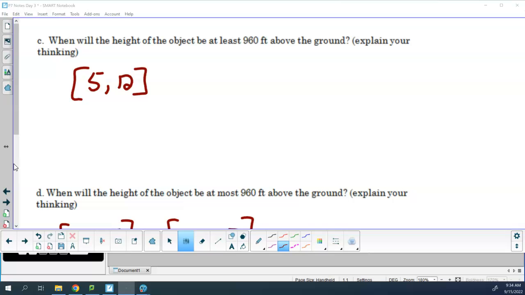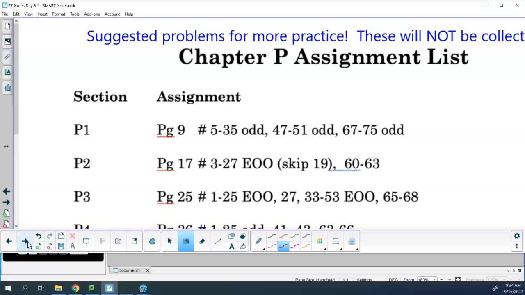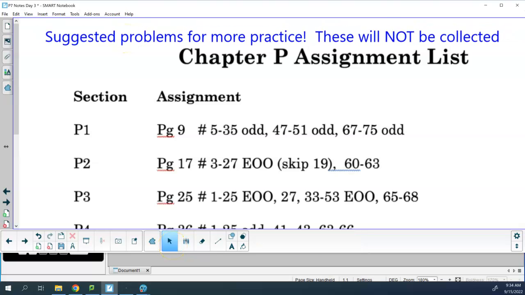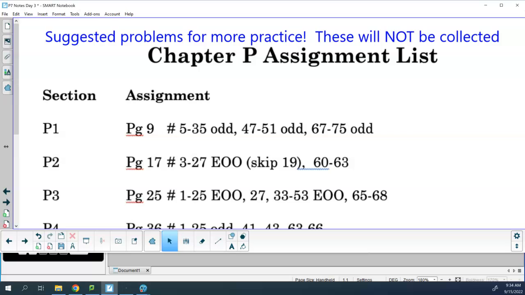Okay? Is that you guys probably need some more extra practice. So we went and found some extra practice ones. Okay? Now these are not going to be collected, but they are recommended. So if you have struggled with any of the topics that we've done so far, here are some extra problems that you could be doing, okay?